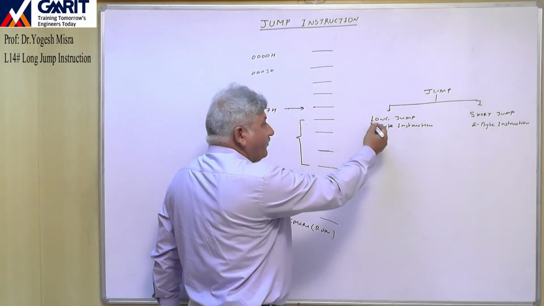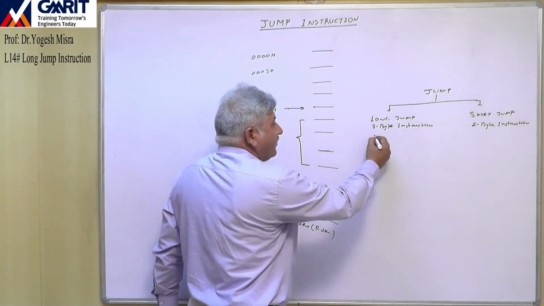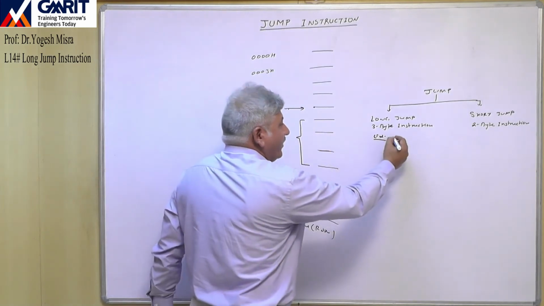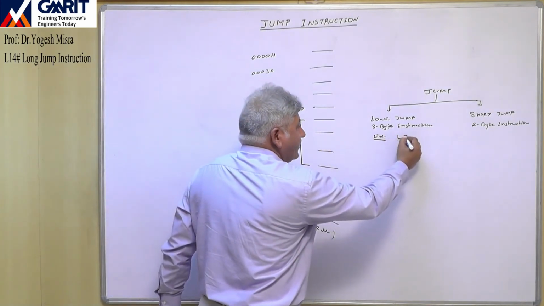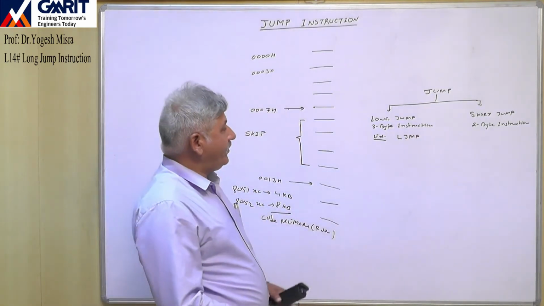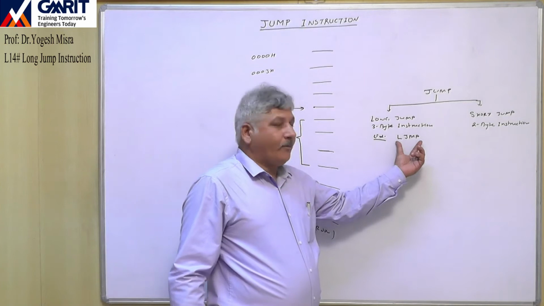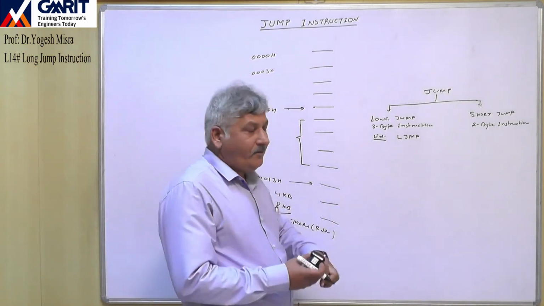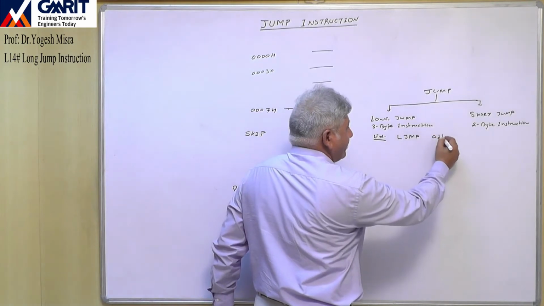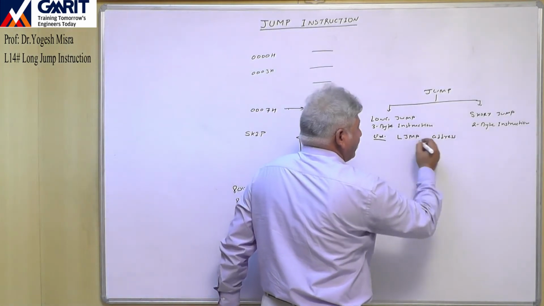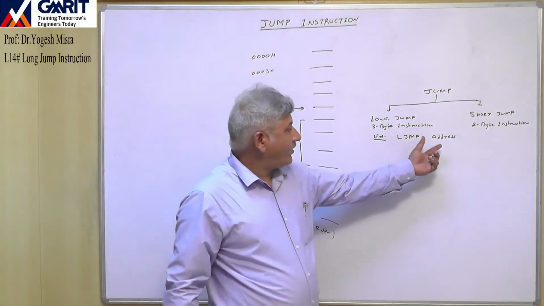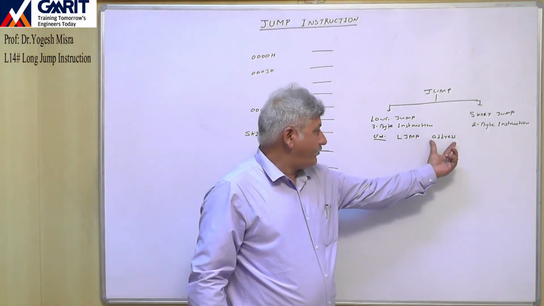The example of long jump: there is in fact only one long jump instruction, and that is LJMP. LJMP is the mnemonic for the long jump instruction, and after LJMP we have to mention an address, where exactly we want to send the sequence of our program.